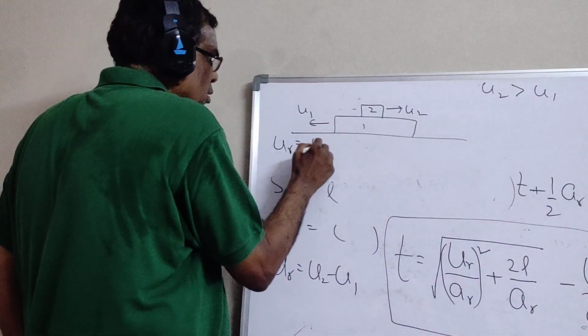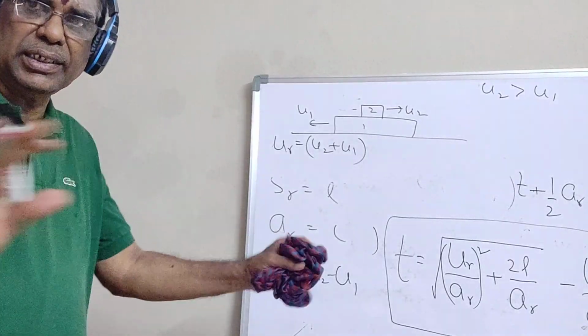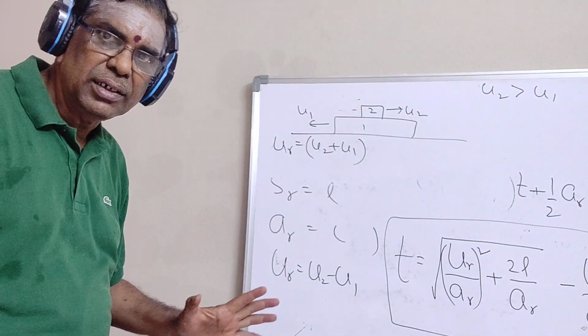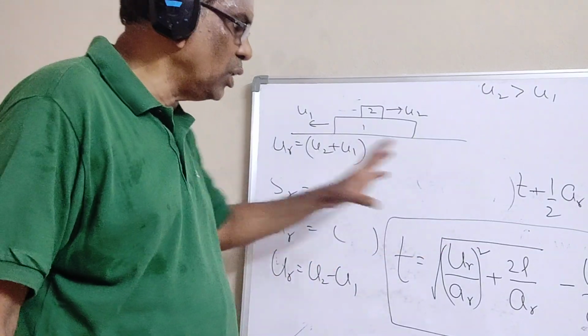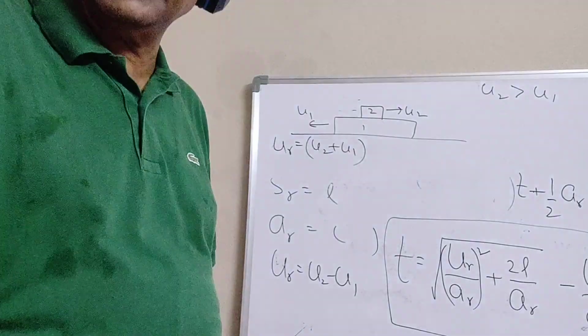Then UR is equal to U2 plus U1. No other changes. So you have to simply work on this. Okay? Is this clear to you? Fine. Work on these cases on your own, and then I will come with another topic next time. Thank you.